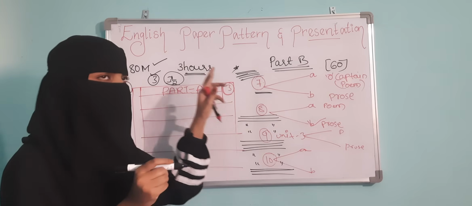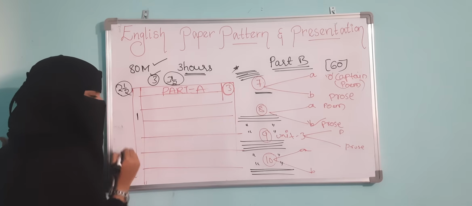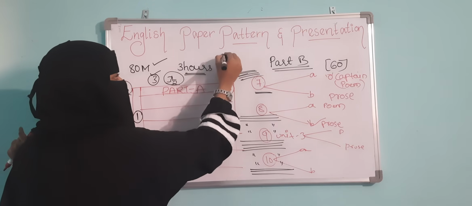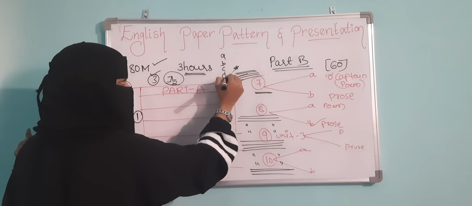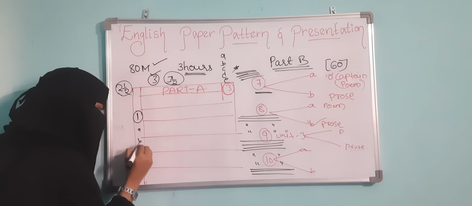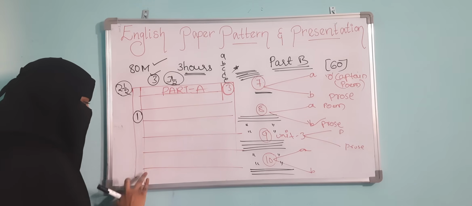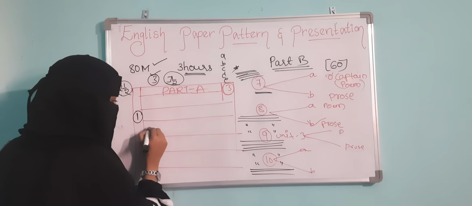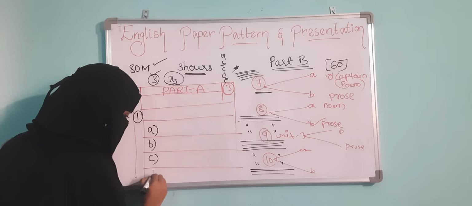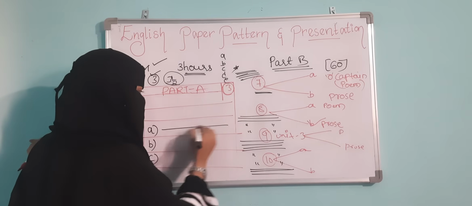So, from part A, if you are attempting the first question, then mention 1 here. After mentioning 1 here, you will again have A, B, C, D, E, right? So how do you need to do it? You need not write A, B, C, D here. Don't write like this. What you are going to do is write A here, B, C, D, and on the next line it will be E. Start writing here like this.